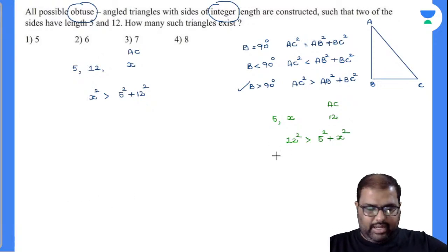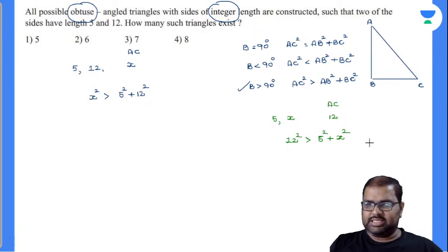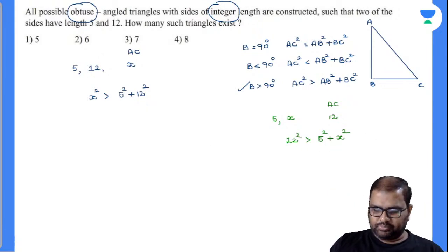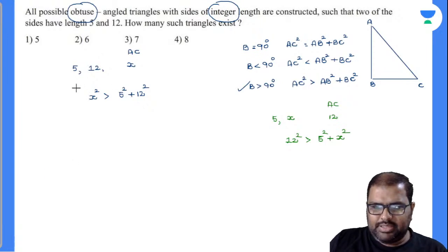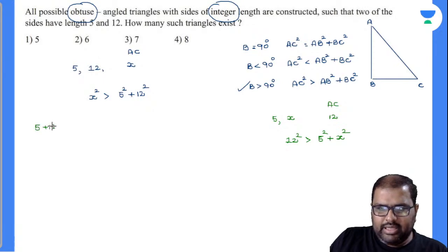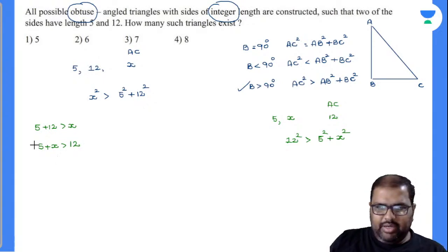So what should be the value of x? Again observe that in order to be a triangle, 5 plus 12 has to be greater than x, and 5 plus x must be greater than 12. Am I right or wrong? Definitely.